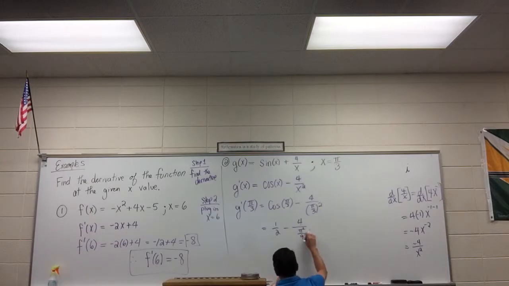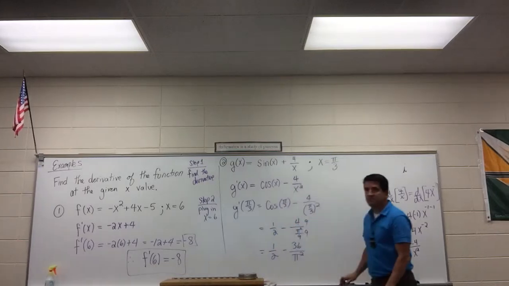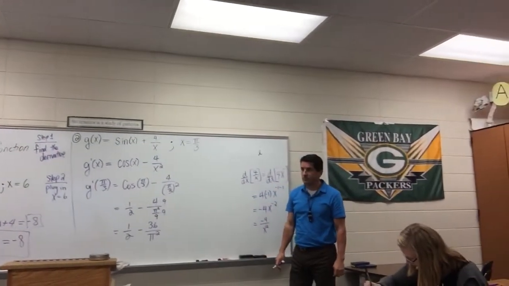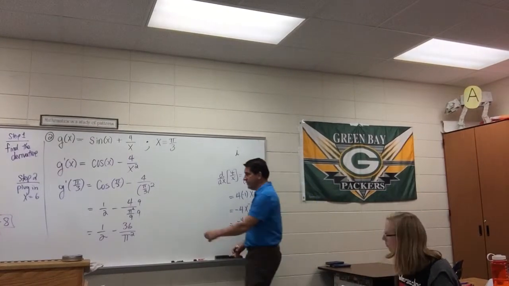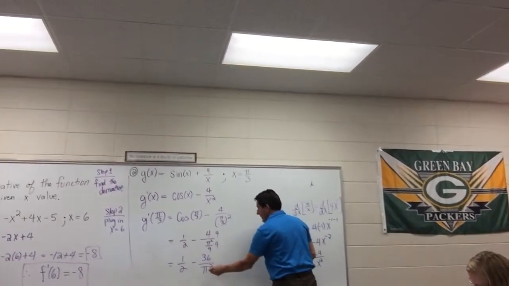And then I'd multiply both the top and the bottom by 9. So I get 1/2 minus 36 over pi squared. Okay, that's just a little algebra. How do you get from here to here?